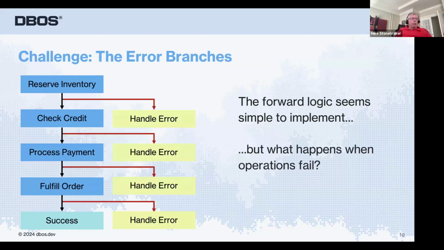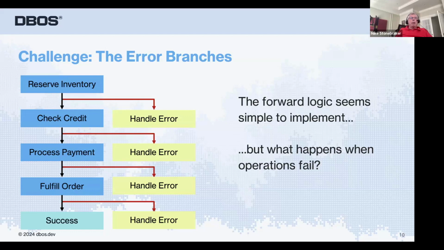Okay, so the forward logic is pretty straightforward. The issue that's really tricky is what do you do with errors? So if you can't reserve the inventory, you don't have 3 widgets in stock, what do you do? Well, you've got to process the error. It probably means backing out the entire interaction.